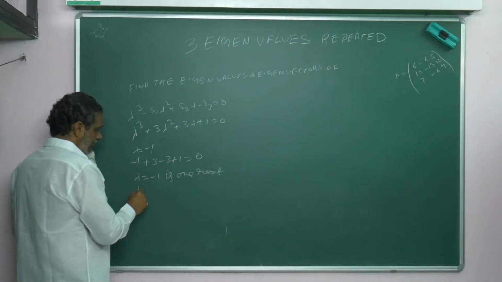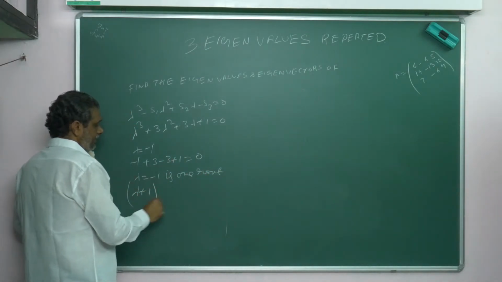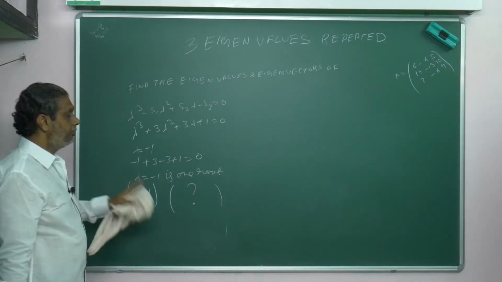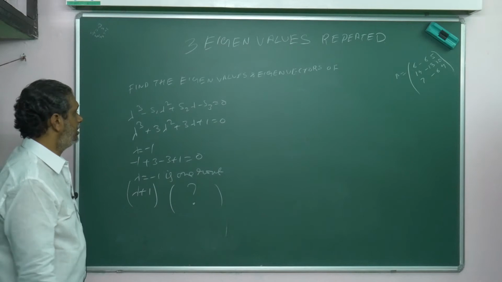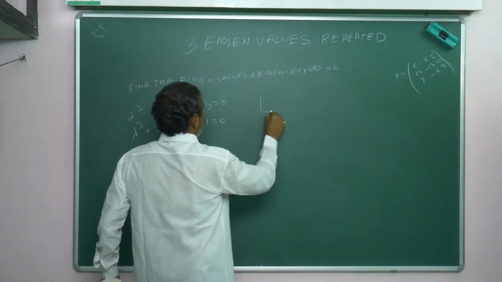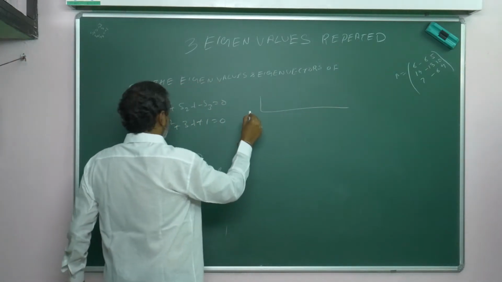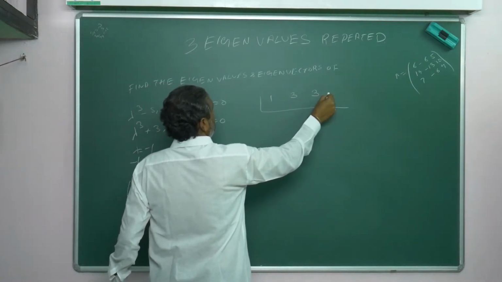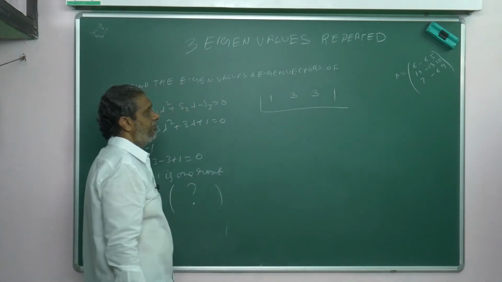So this whole equation, how can I write? Lambda plus 1 into something. To find this something, I will use synthetic division. The third degree coefficient is 1, the second degree coefficient is 1, then 3, then 1. Actually, you can see this is lambda plus 1 whole cube.